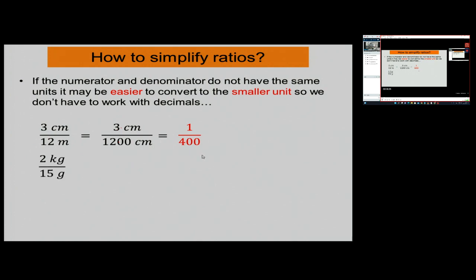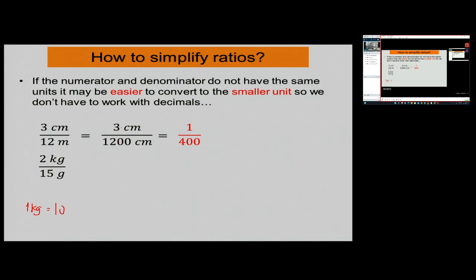Next, 2 kilograms over 15 grams. How many grams in 1 kilogram? 1 kg, how many g? Kg means kilogram. G is gram. How many? 1,000.